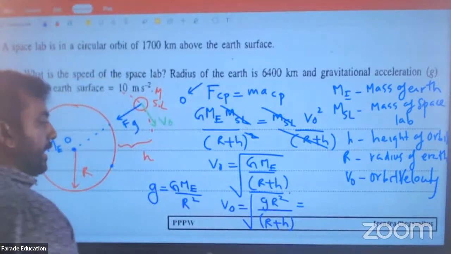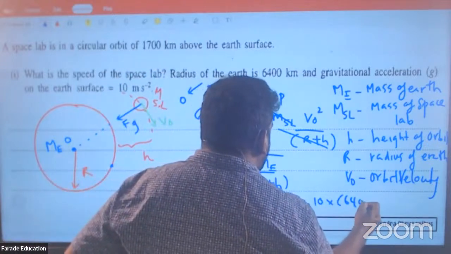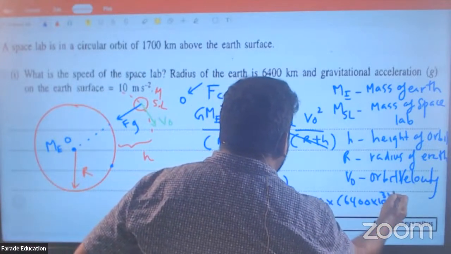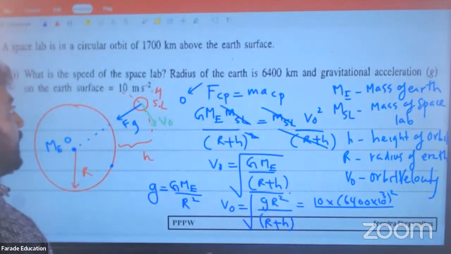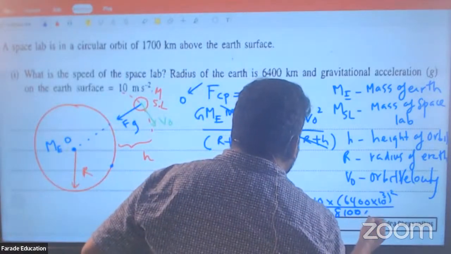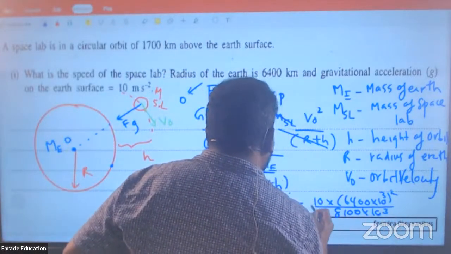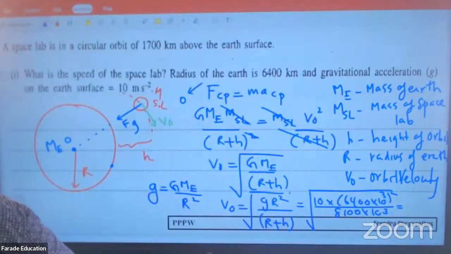Substitute for G now 10. Radius is 6,400 kilometers, convert to meters, squared, divided by radius plus 1,700, how much? 8,100 kilometers, convert to meter. Whole thing square root.